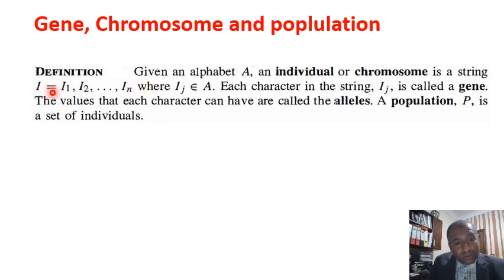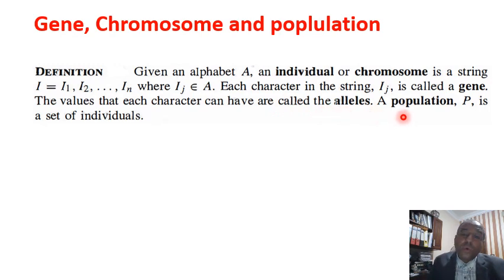The chromosome I consists of genes I1, I2 up to IN, where Ij belongs to set A. Each character in the string is called a gene. The values that each character can have are called alleles.